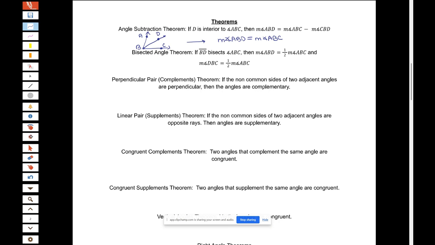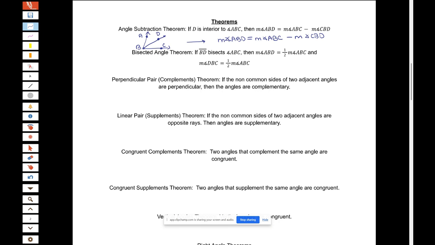So the measure of this part of the angle here is equal to the entire angle minus the other part. So yes, if you subtract one part from a whole, you get the other part. Okay. So if you see a statement like that, you would just describe it with angle subtraction theorem.